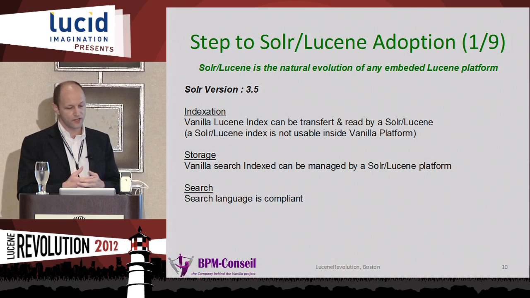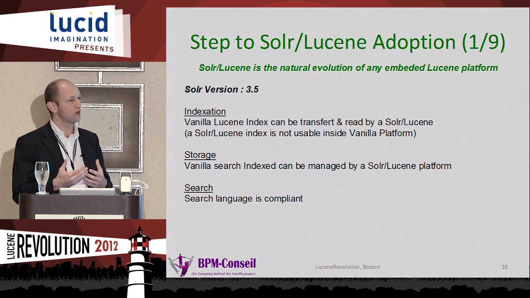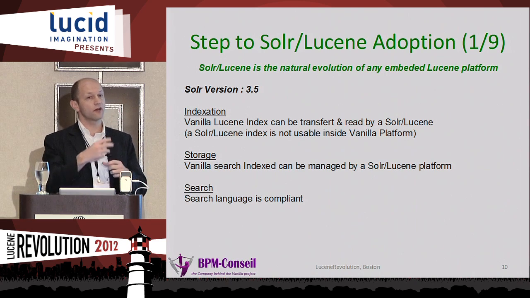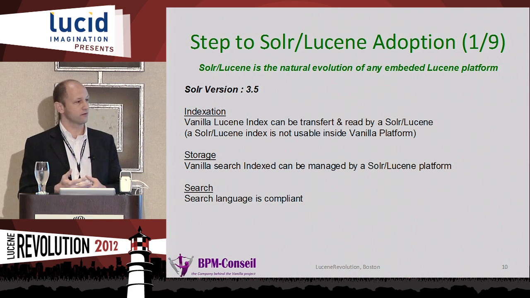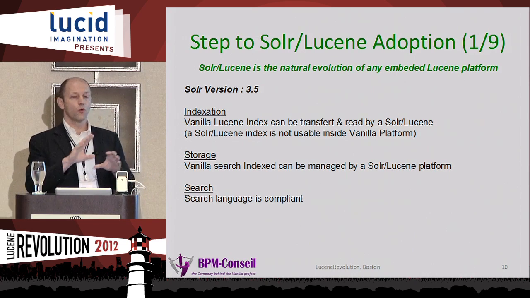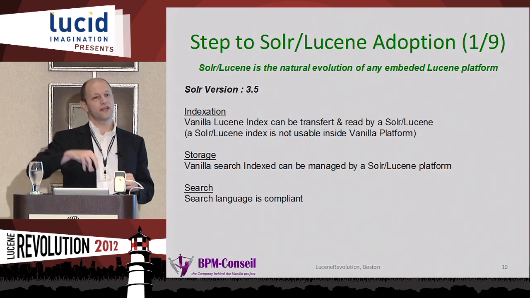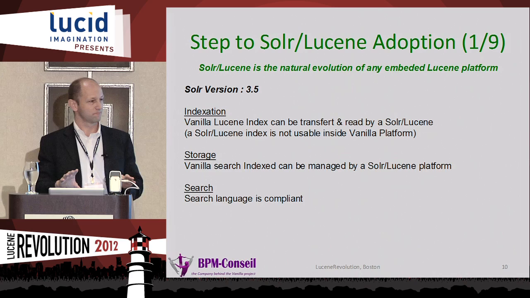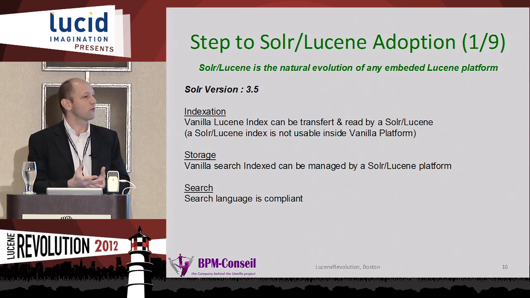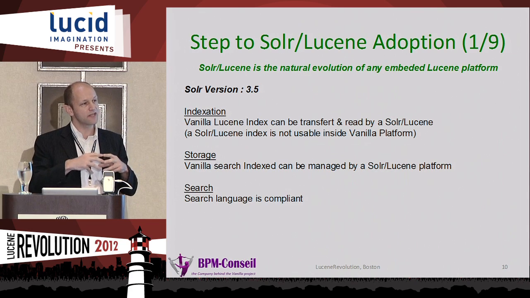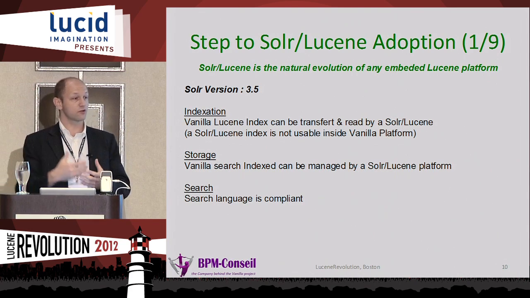What we try to do, talking about indexation, is take the vanilla index and move it into a Solr Lucene external platform, and everything is okay. You can take your vanilla index and move it into Lucene. We tried to do the opposite, take a Lucene index and put it into vanilla, and it failed. We did not look why, because there was no interest at all. But taking our embedded index externally was a solution.